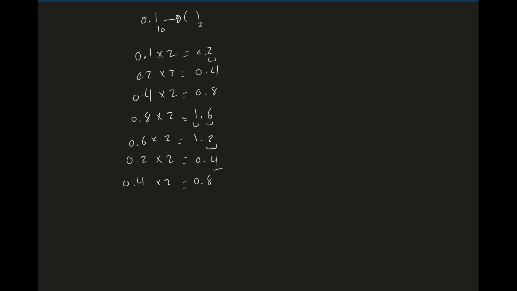So I have 2, 4, 8, 2, 4, 8, and then I'm going to get a 6. 0.8 times 2 is 1.6, and so on. So this is a non-terminating value, and the first set that I got is essentially 0, 0, 0, 1, 1, and then it's going to repeat over and over again. This is base 2.